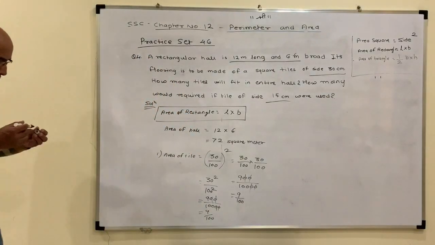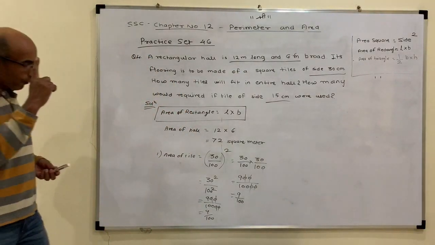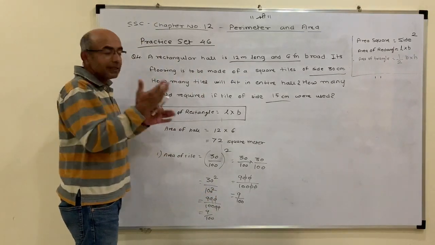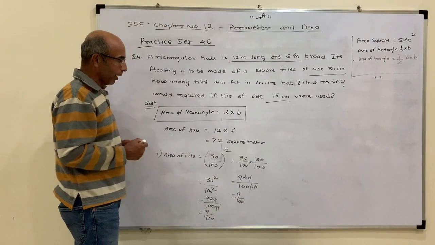Now what we want to find: the area of one tile is 9 divided by 100. How many such tiles will fit in the hall?